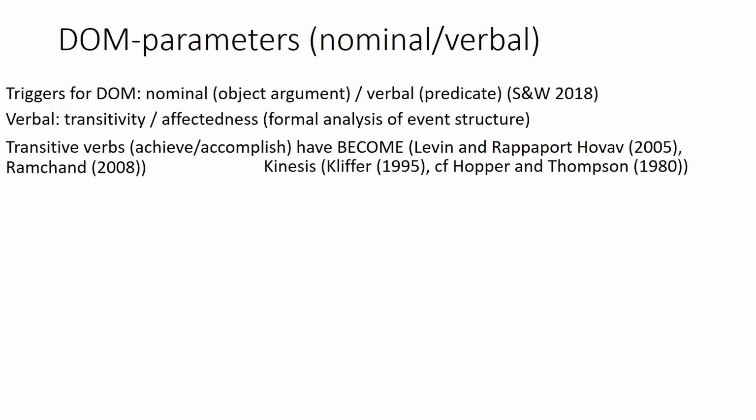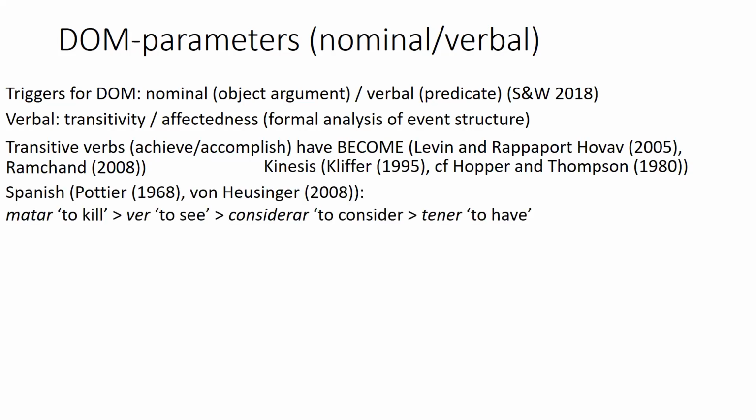A technical term there is kinesis, which Clifford applies to Spanish, following Hopper and Thompson's classic analysis. The object which changes its predication undergoes kinesis. In Spanish, Torrego's famous analysis proposes this scale: matar, which is more marked than ver, which is more marked than considerar, which is more marked than tener.